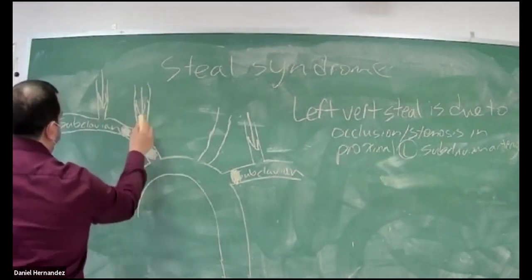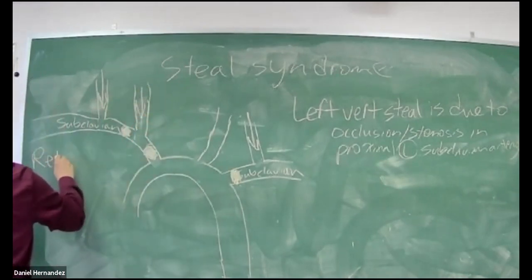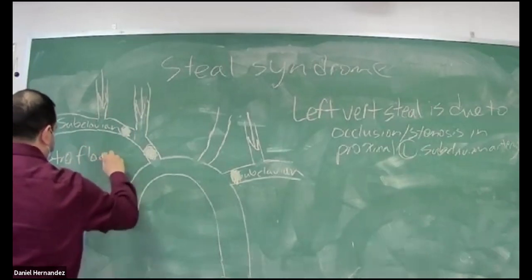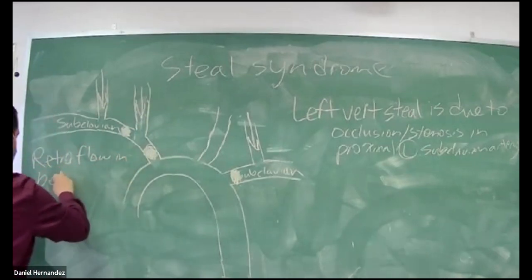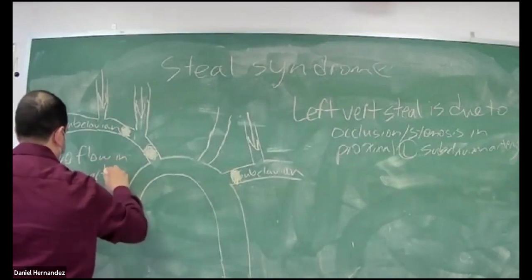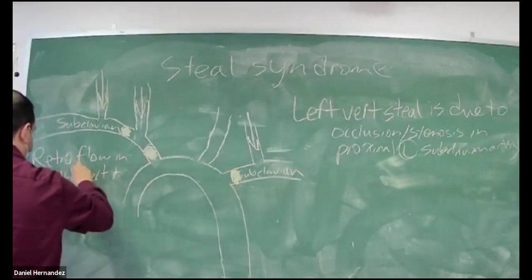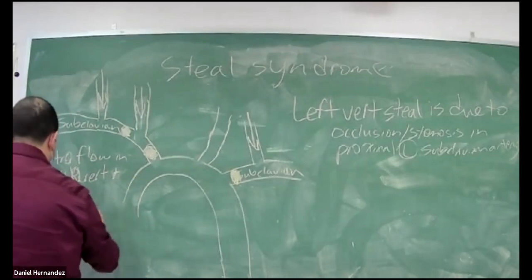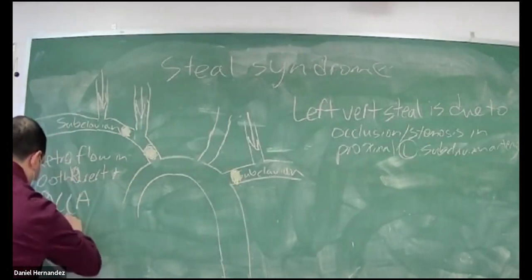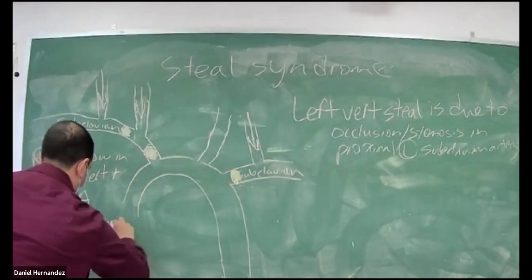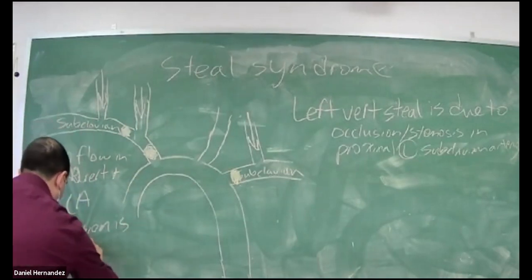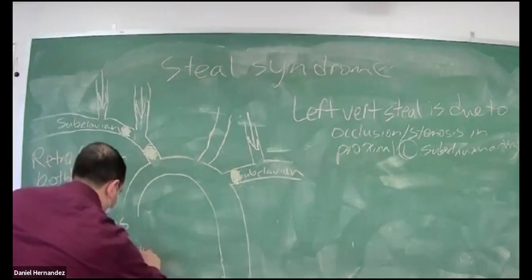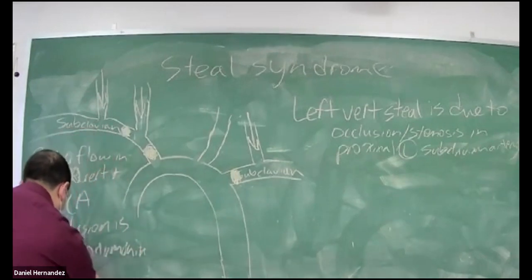So retrograde flow in both right vertebral and right CCA means occlusion in the innominate artery.